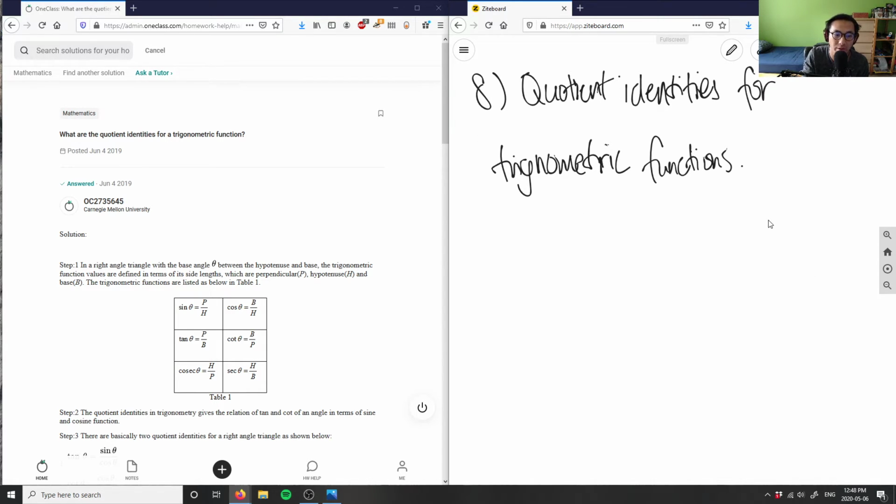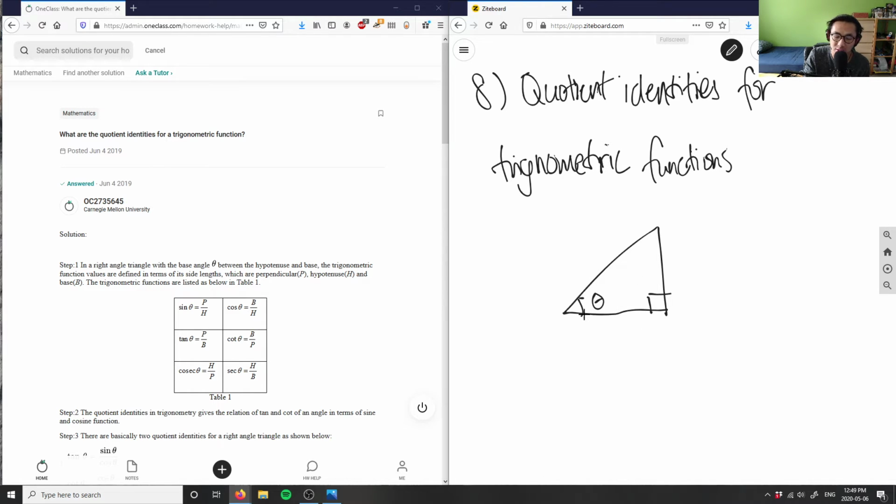If I have a right angle triangle, trigonometric ratio refers to working with a right angle triangle. This is not a good right angle, sorry. All right, this is the best I'm going to do. Here's the right angle here. I'm going to have some angle here, and I'm going to call this angle theta.